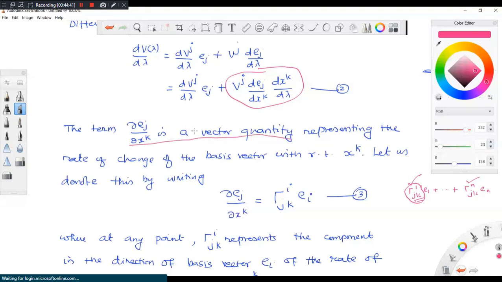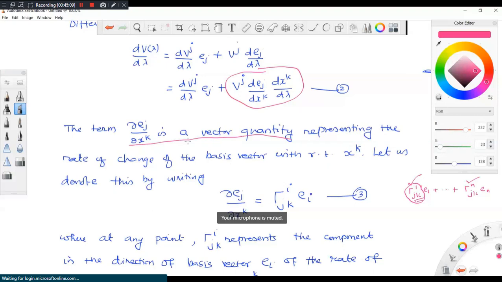If it is a vector quantity, it will have components in the directions of all the basis vectors. Am I right? Yes, sir. See, for example, suppose I have a vector v bar in three dimensions in our usual space. It has a component in the x direction, in the y direction, and in the z direction.